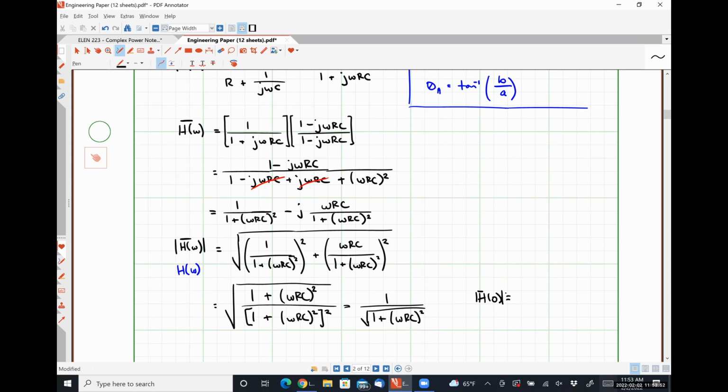What does this simplify to at omega equal to 0? 1, absolutely right.